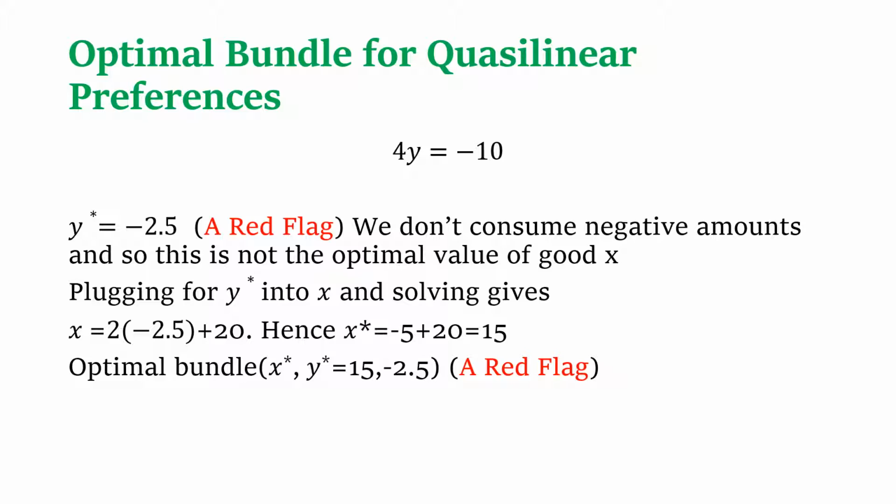So with this particular solution, the optimal bundle is 15 and minus 2.5. But that is not the correct answer, because we have a negative value. So we need to find other ways of obtaining the optimal consumption bundle.